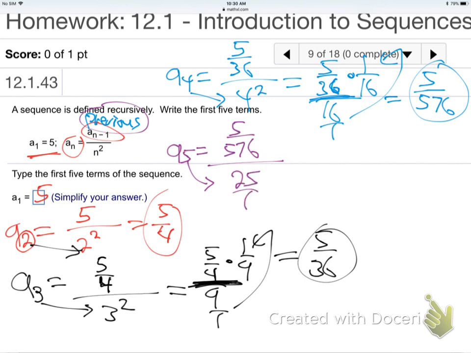And then put that over 1, flip it up. 1 over 25 times it. So it's 5 over whatever 576 times 25 is. I'm getting 14,400. There it is. Is that good? Questions on that one? I'll move on.